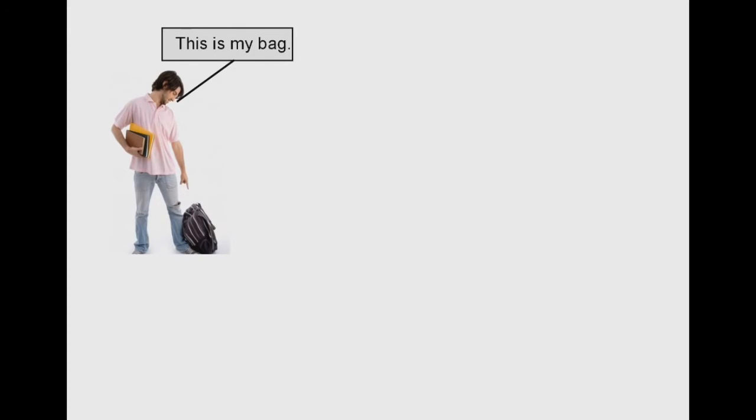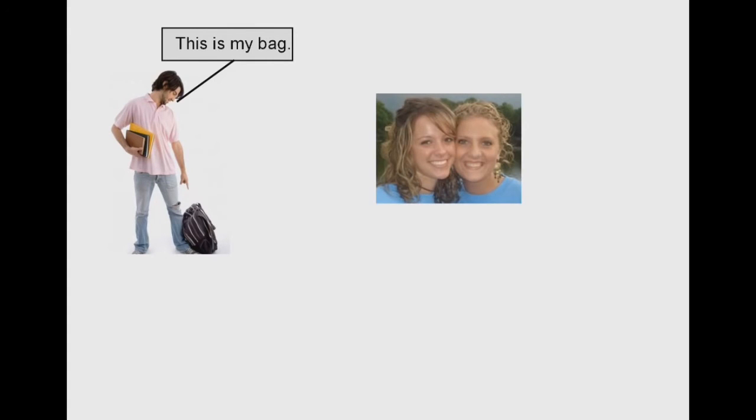This is my bag. So the man is saying, this is my bag. And the girl on the right, she is saying, this is my sister. Okay, so let's look at this sentence here. He is using the word this, and in fact, in both of these sentences, it is an expression.